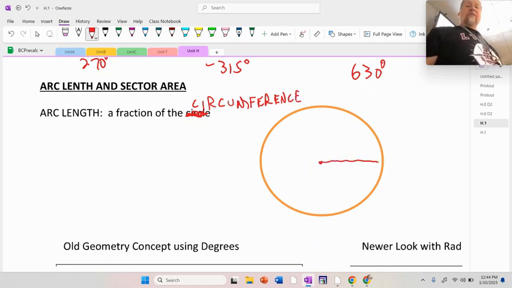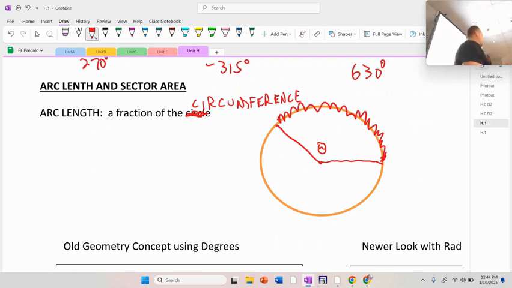So if I have this and I have like this, and this is theta, whether it be in degrees or radians, this is the arc length, the distance that you walk from edge to edge there. You've walked on circular paths before, curved paths. They don't all have to be straight, but even though they're curved, there's a distance that you walked.